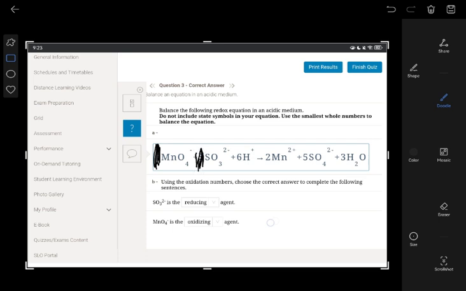And what acid did it react with? It reacted with H2SO3, sulfurous acid.